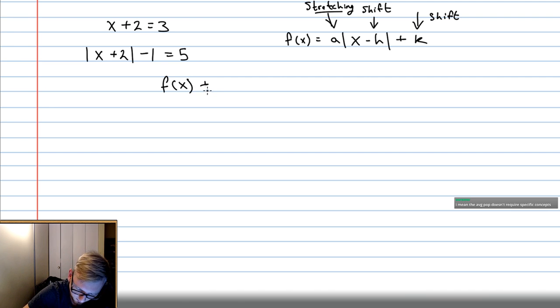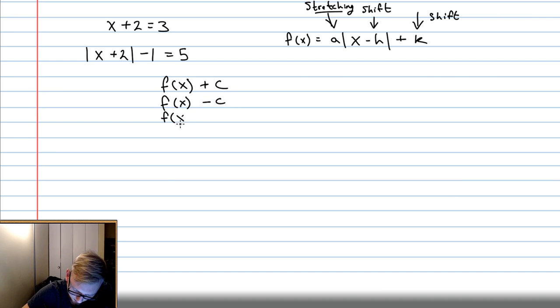So, let's use this functions from old functions, right? We'll just do these things right here and talk about the thinking behind these. So we already know that this is a shift up.